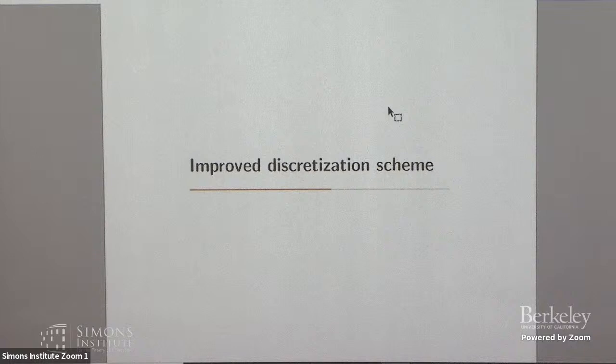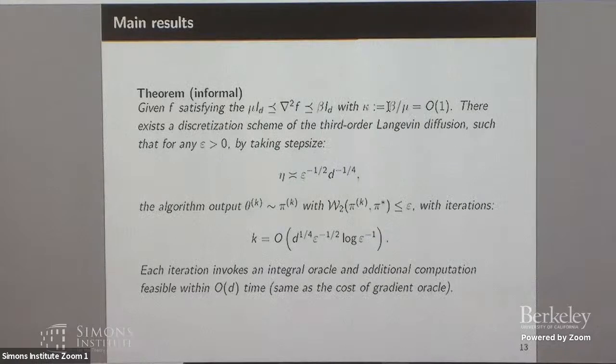So now we have a nice diffusion process with very smooth path, and the integral part and Brownian part got separated, and it remains to really discretize and get a faster sampling algorithm. Here's an informal statement of our theorem.